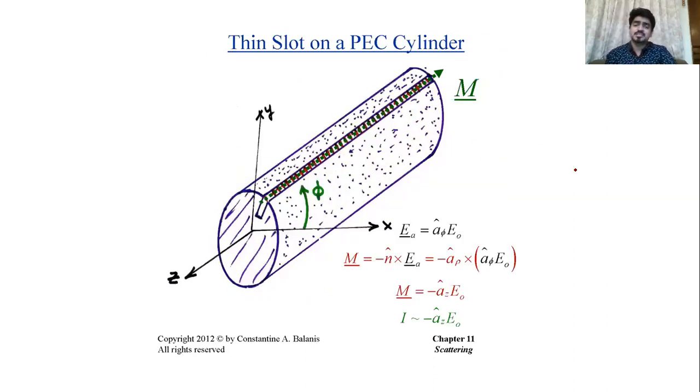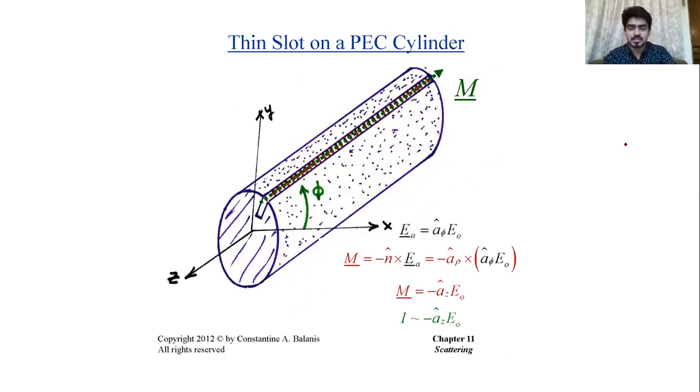So this is one practical example, where you have a thin slot on a PEC, perfect electric conducting cylinder. So what you can have is something like a cylindrical waveguide, which we studied in chapter 9.